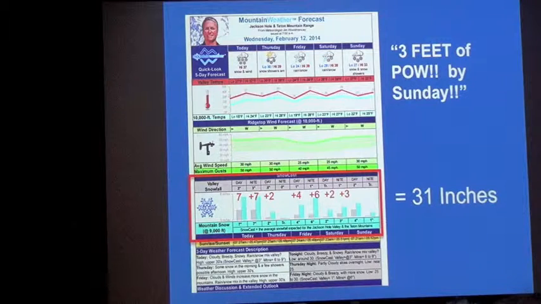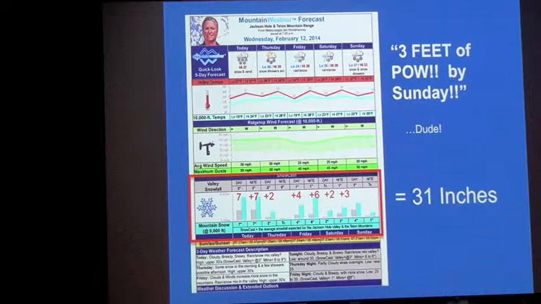Okay, automatic. Just add a little extra just to get to 36, and we're there, right? So the reality is, dude, that this snow is falling and it's settling. So you're not going to go out on Sunday morning and ski 31 inches of snow going over your head.